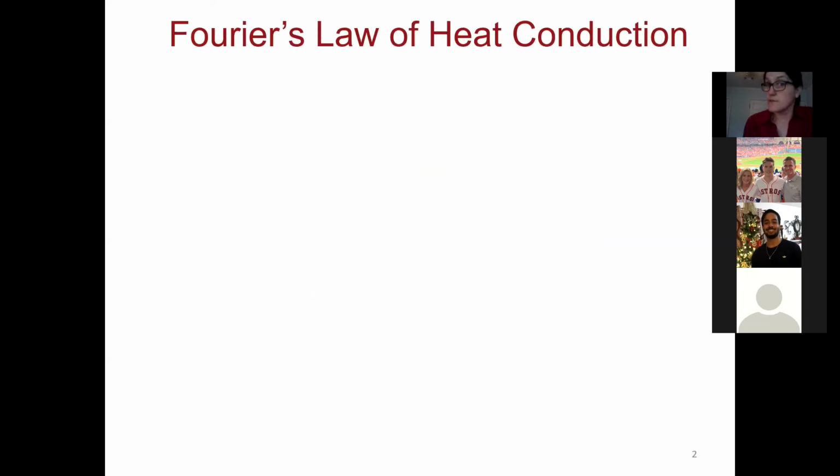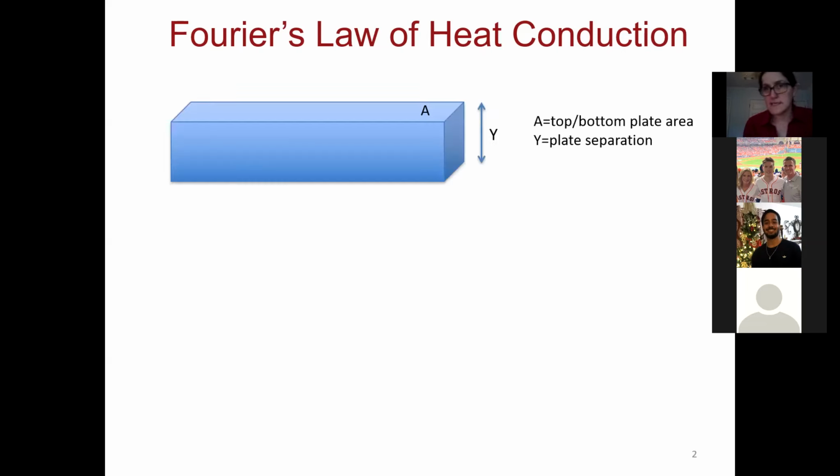So we started this lecture with Fourier's law of heat conduction, which is the simplest case of heat transfer, when I have a solid, nothing's moving, no flow, and I have a temperature difference. In the simplest case, as far as geometry goes, we think of a parallel plate or a plate of a material. This is our equivalent of the parallel plates for flow problem. They're separated by the distance y.